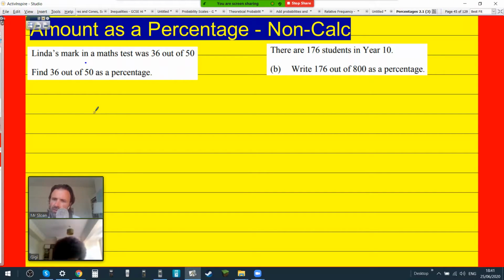Tell me if you're stuck on the first one. Is it 72%? Well done. 72 over 100, 72%. I think you'll be fine for the next one as well.